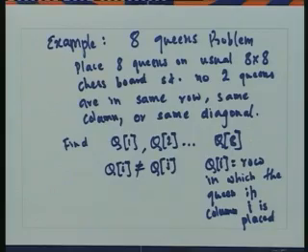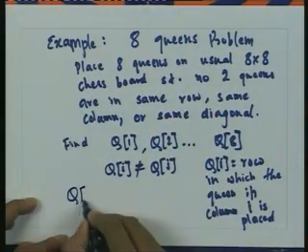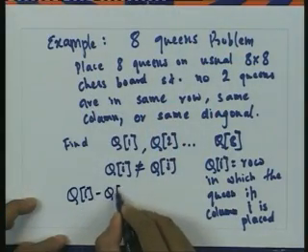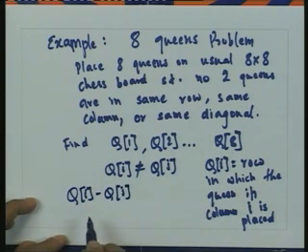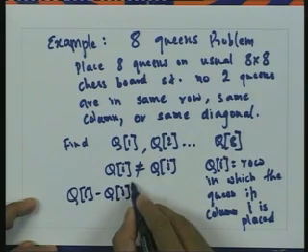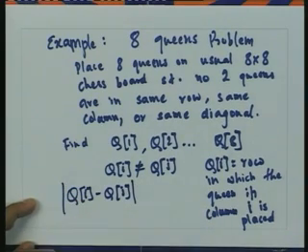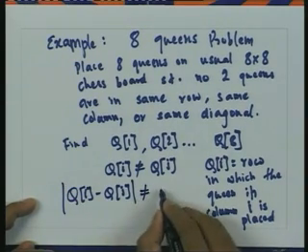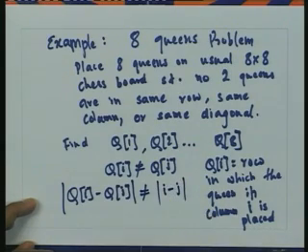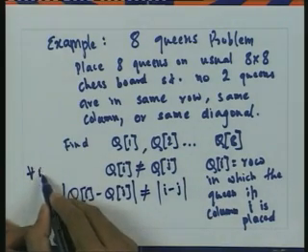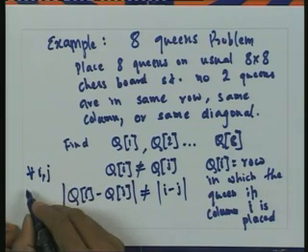Now we need to take care of the condition that they are not placed in the same diagonal, and this is easily done by asserting that Q of i minus Q of j, which is simply the vertical distance, the distance between the rows, and if I take the absolute value it will be an unsigned distance, should not be equal to i minus j. This is true for all distinct i, j.